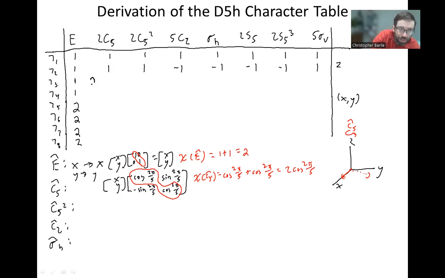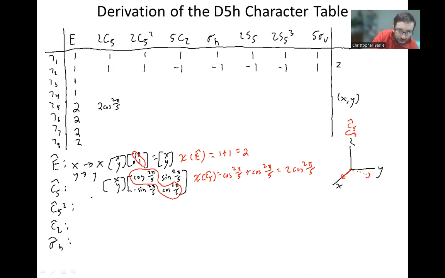So under here, our value is actually going to be, oops, drew that in the wrong spot, I've got to be next to xy. Our value here is going to be 2 cosine 2 pi over 5. Nothing about the character table tells you that you can't have non-integer values. So that's what we got for the first one.